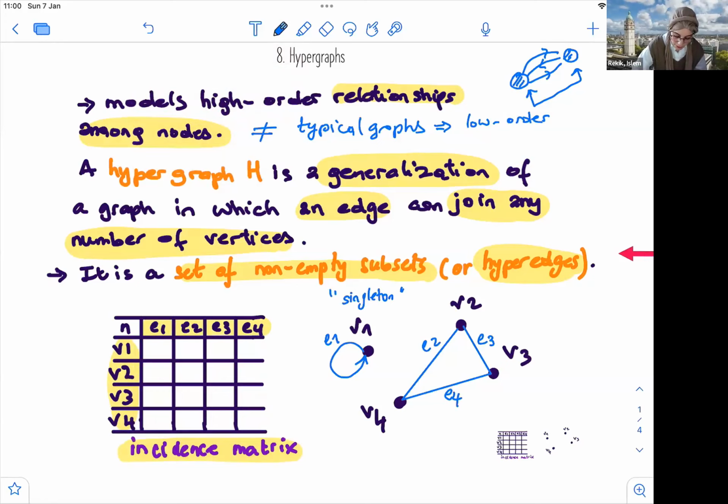So we're going to put 1. So E1 connects only V1 and the rest are 0. Okay. So E2 connects V2 and V4 and the rest are 0. And E3 connects V2 and V3. And then E4 connects V3 and V4.